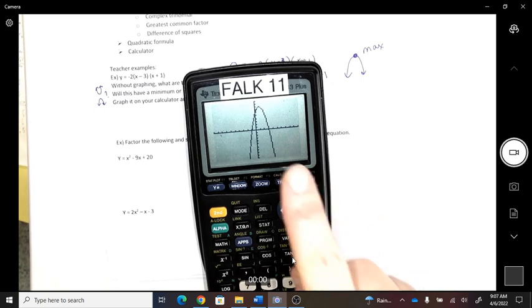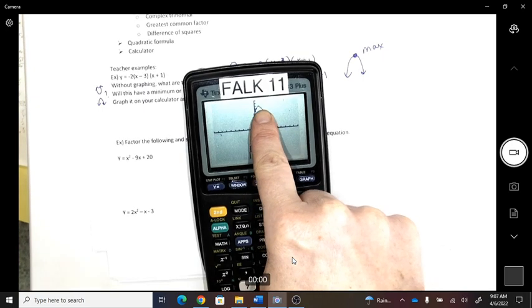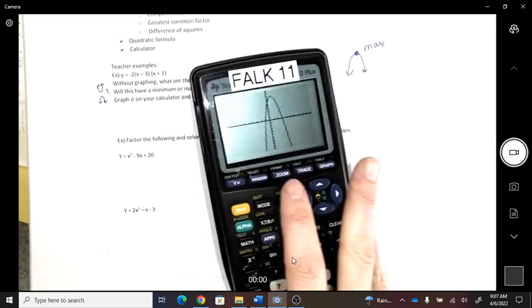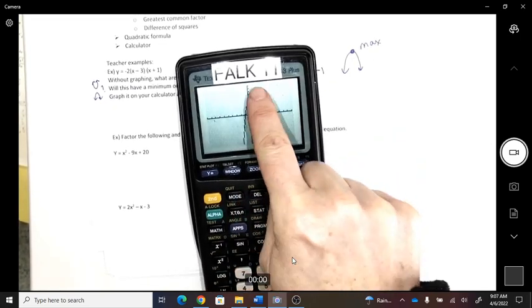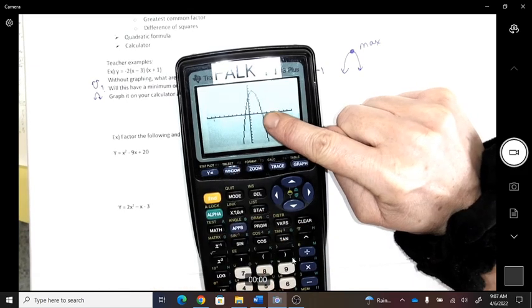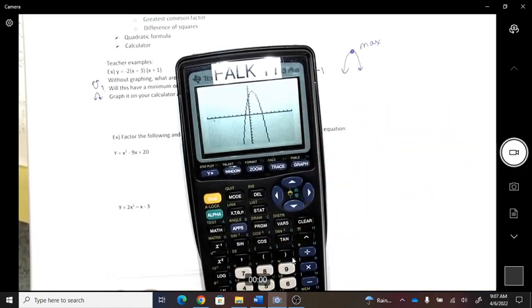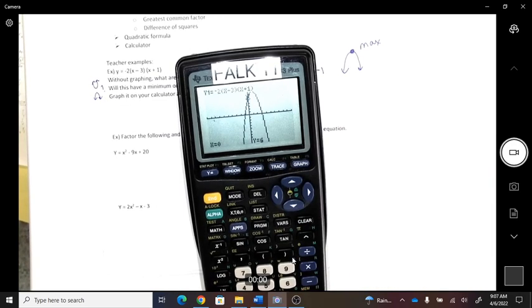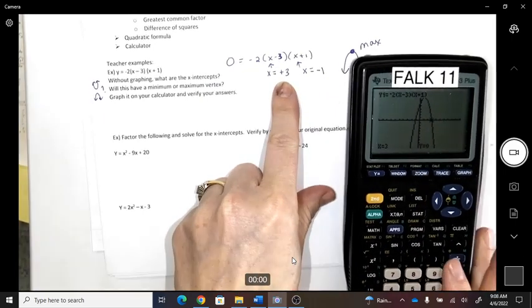Okay, so I've verified, yep, that's a max, right? It didn't ask for what it is, it just said, is it a min or a max? So it is a max. And I would like to verify that these are the x-intercepts. Okay, so you know what I'm actually going to do? I'm going to go trace 3, enter. Because I already thought it was a 3.